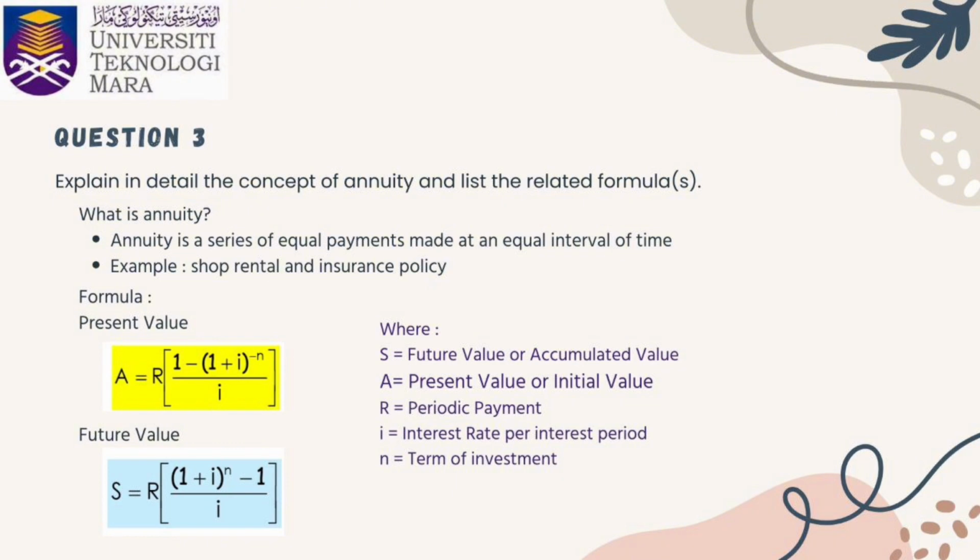The last one is how to find the present value or initial value: A equals R times [1 minus (1 + i) to the power of negative n] divided by i. The terms used in the formulas are S as future value or accumulated value, A present value or initial value, R periodic payment, i interest rate per interest period, and n term of investment.